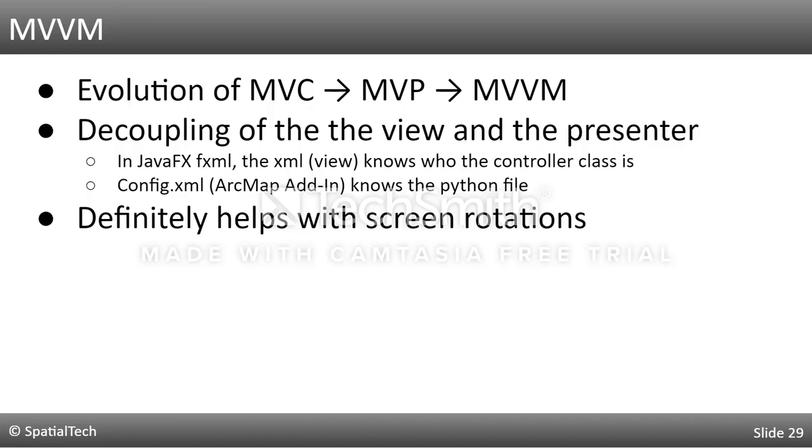It definitely helps with screen rotations on your mobile phone. As you flip your phone, you can end up with a different view. I'll talk about that portrait landscape view. Those could be different views in your application. You might be on a tablet. This is something to try in Gmail. Have your tablet in portrait form, flip it to landscape form, and then just sit back and say, is my email being presented to me in a different way?